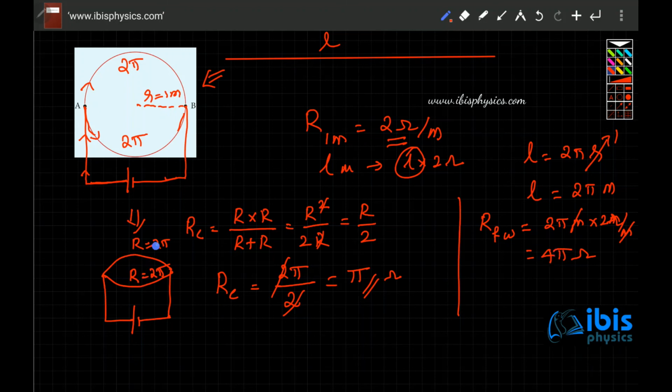Then each piece will have 2 pi ohms. Then R parallel, again you can work this out: 2 pi into 2 pi divided by 2 pi plus 2 pi. When you work this out, you will get the answer as pi ohms. Hence, this is our option A.